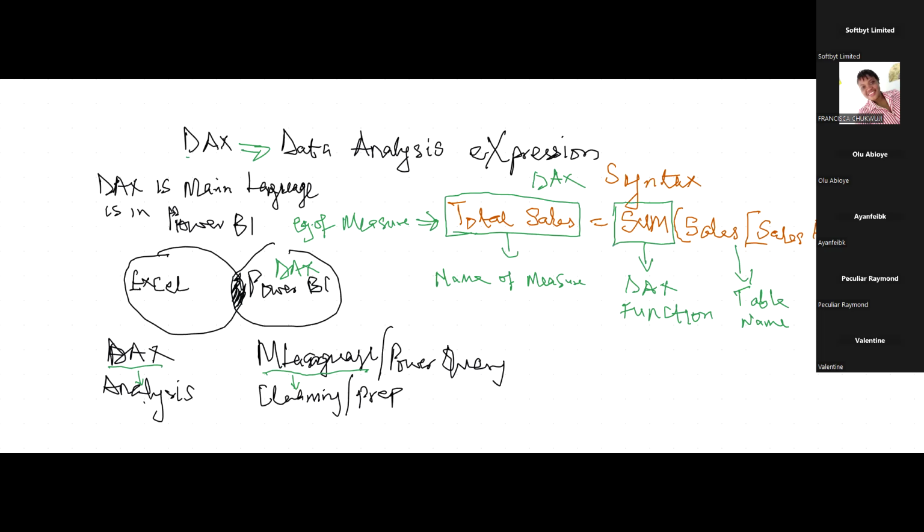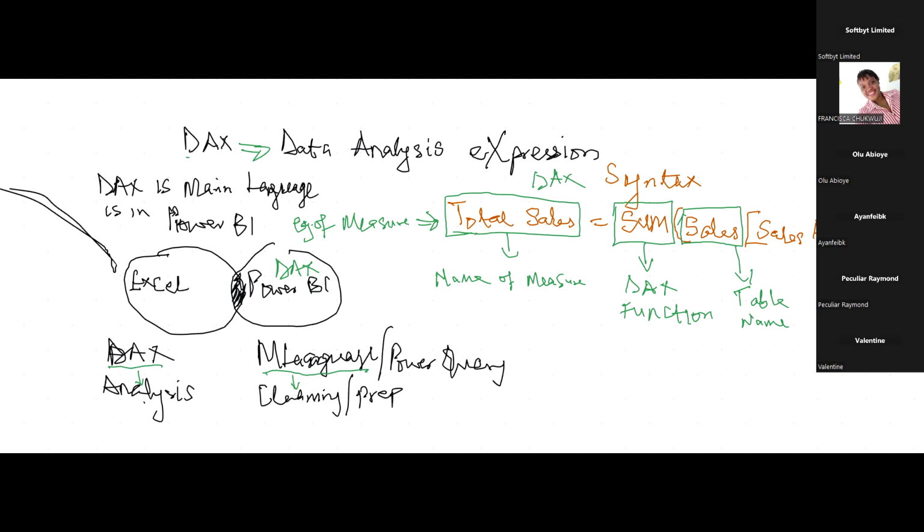This SUM cannot be used on a categorical column. And I'm going to explain the categorical column and numerical column shortly. This is a table. It's important you stop writing so that you don't confuse others. Please stop writing on the screen.